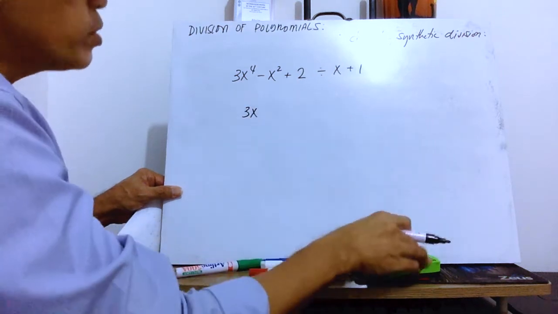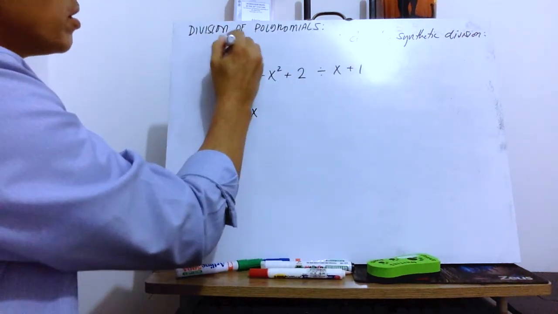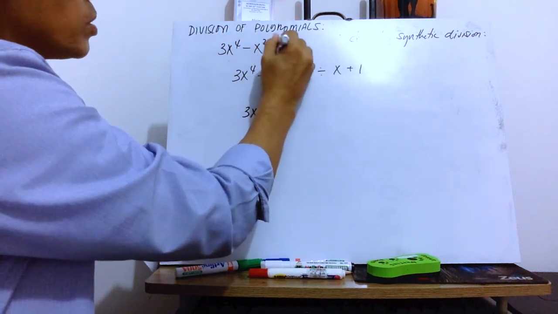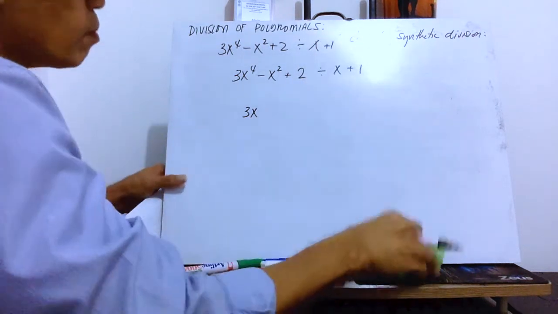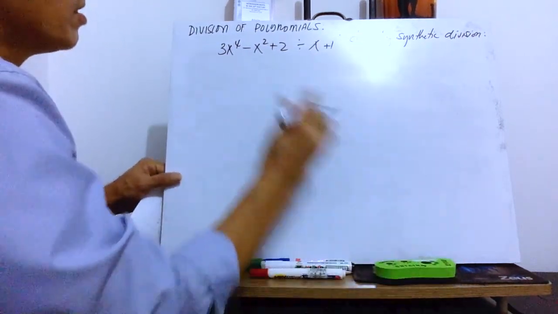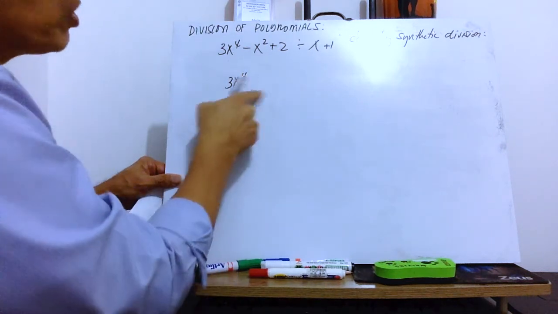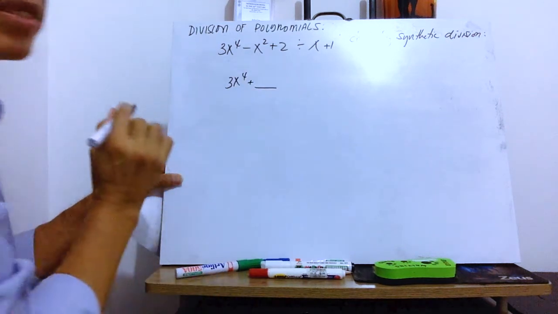3x to the fourth. It's too big. Okay, 3x to the fourth minus x squared plus 2 divided by x plus 1. So, 3x to the fourth. We don't have an x cubed term here, so let's reserve a space there.